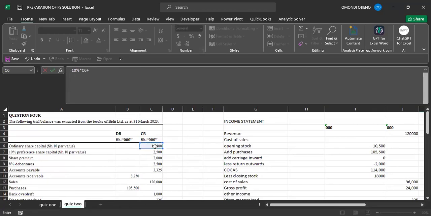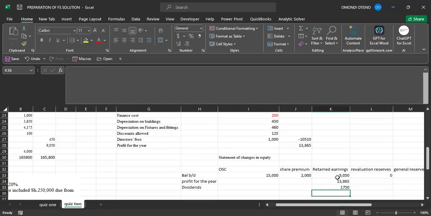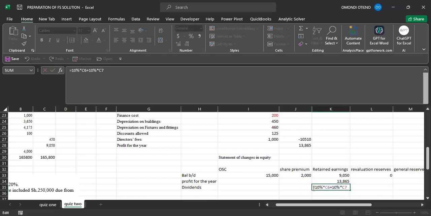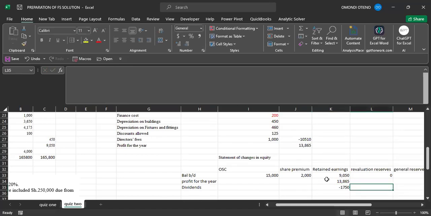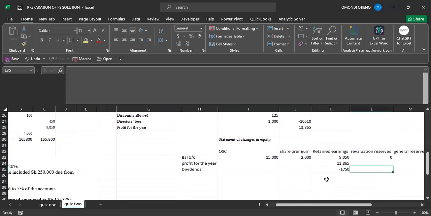Then for preference share capital, we have 10% of 2,500. Remember this dividend is an expense, so we need to indicate a negative for the outcome.